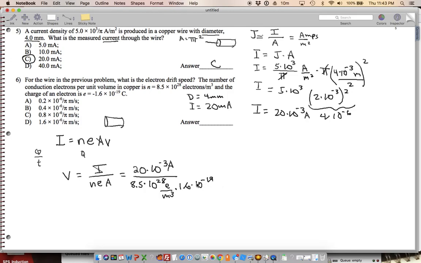And on the bottom, times area, which is going to be pi r squared.